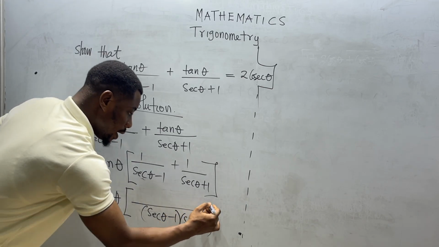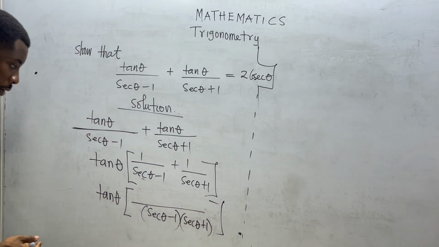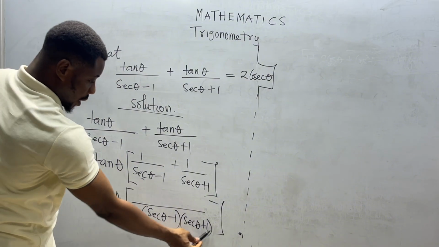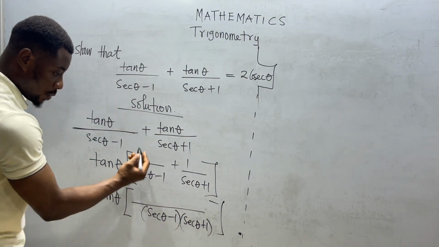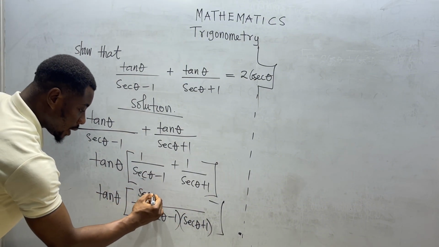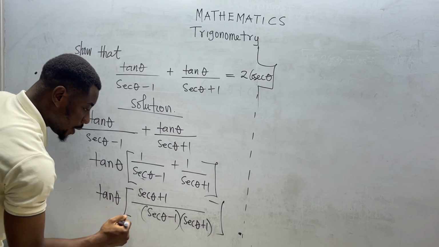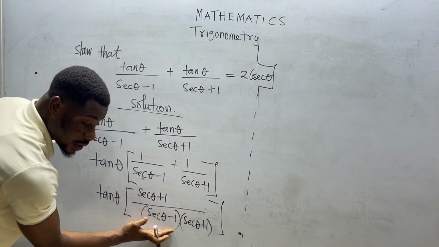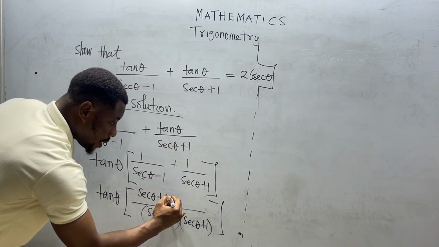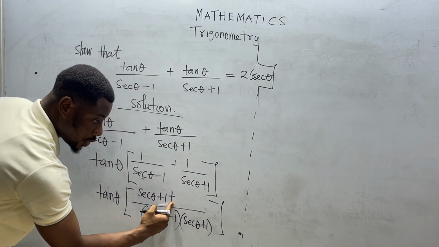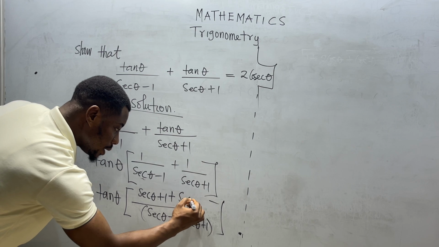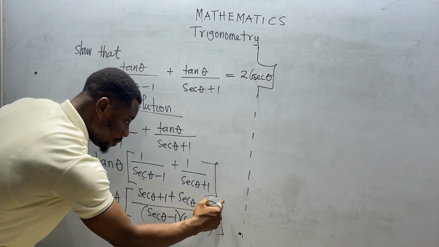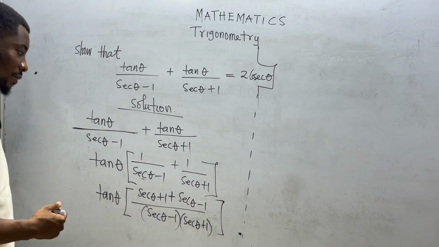Then sec theta minus 1 going into this, we'll have sec theta plus 1 multiplied by 1, so we'll be left with sec theta plus 1. Again, sec theta plus 1 goes into what we have here, we'll be left with sec theta minus 1 multiplied by 1. Remember, there's addition here, so it becomes addition. We'll be left with sec theta minus 1. This is what we have here.